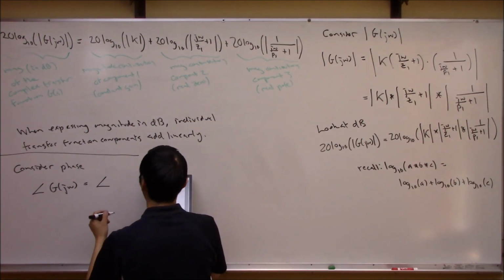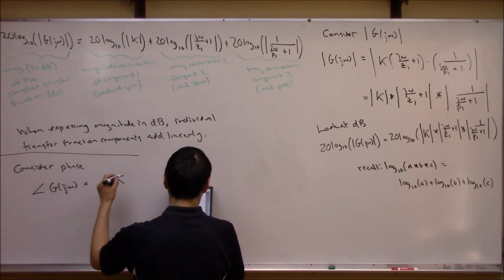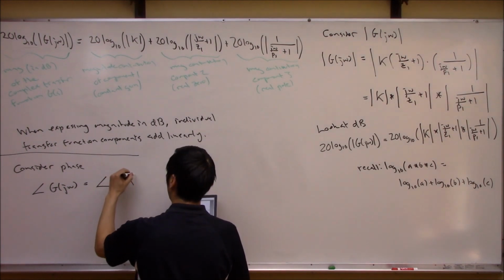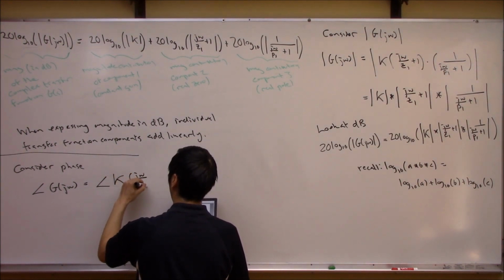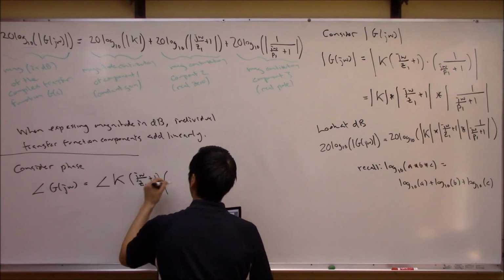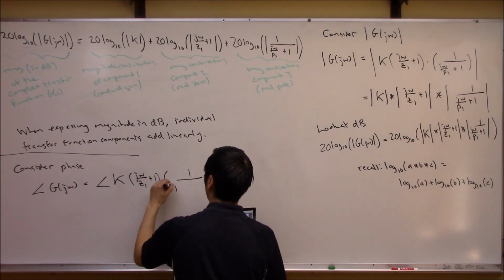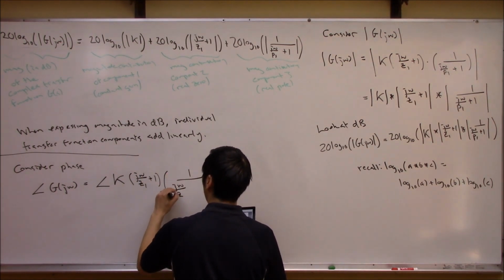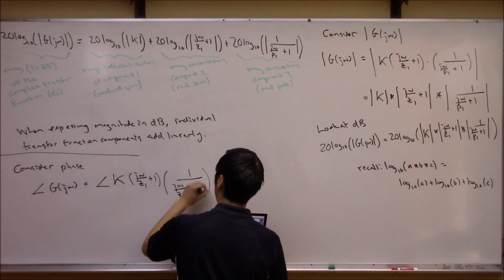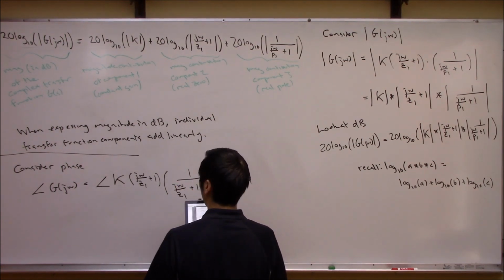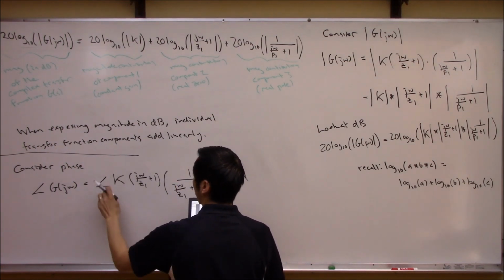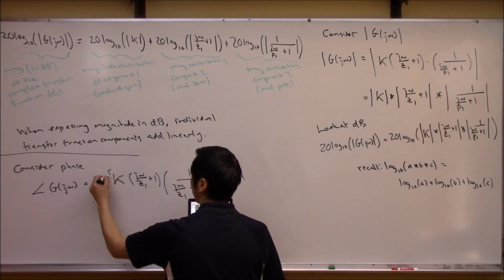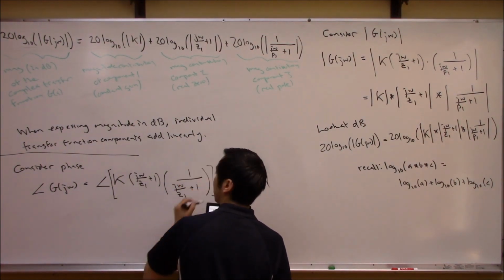So it's basically k times j omega over z1 plus 1 times 1 all over j omega over p1 plus 1. So it's the angle of this entire thing. Maybe let's put brackets around this here.